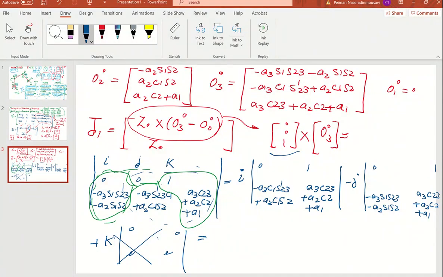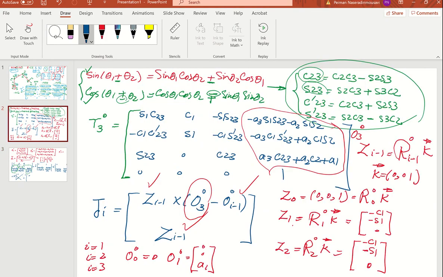Let me double check this, because even a mistaken sign, positive or negative, will change everything. Let me double check my notes now.